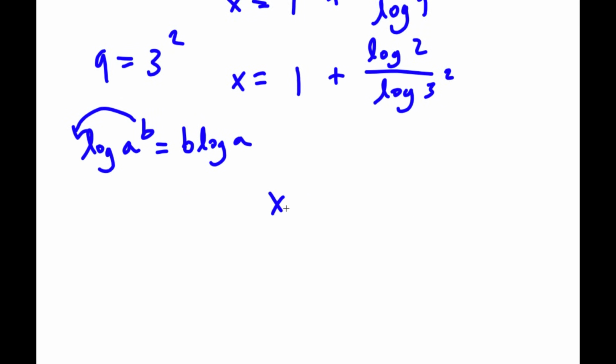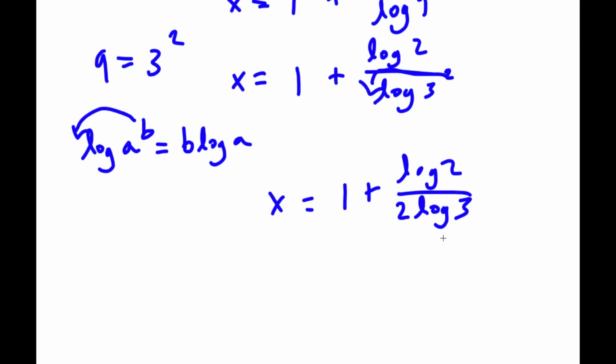So log 3 squared is going to equal, we move the 2 to the front, 2 times log 3. So now I have x is equal to 1 plus log 2 over 2 log 3.